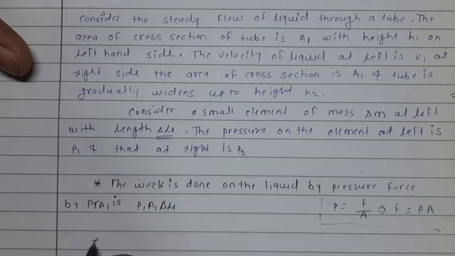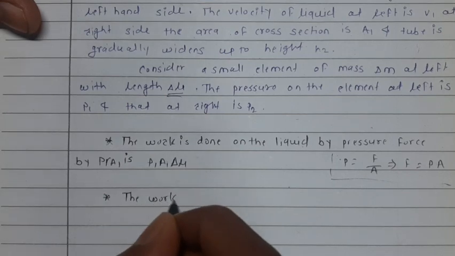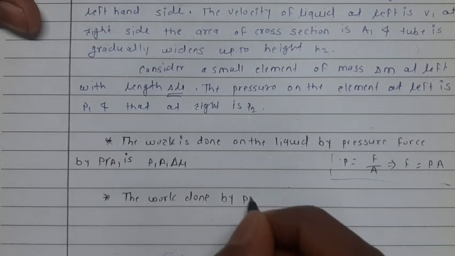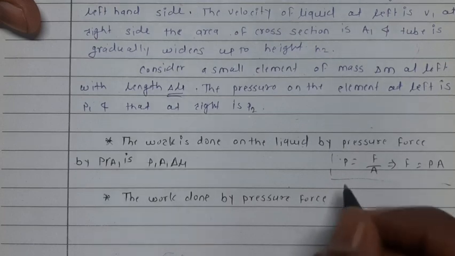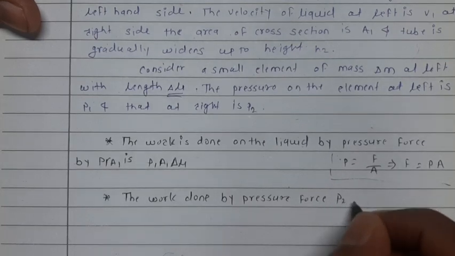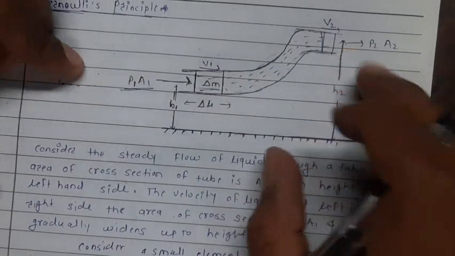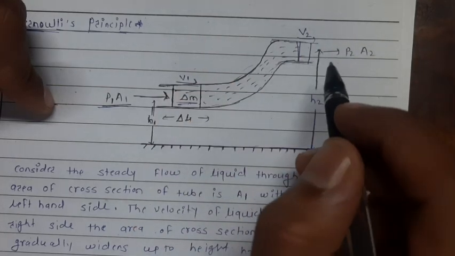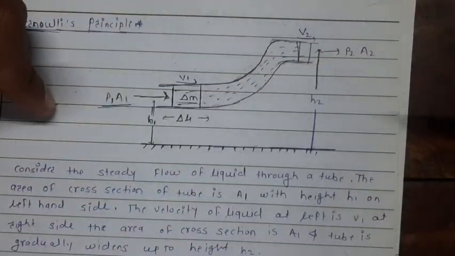Now second, the work done by the pressure force P2 A2, which is on the right hand side. Now see, the pressure force is from right to left, and your displacement is from left to right.